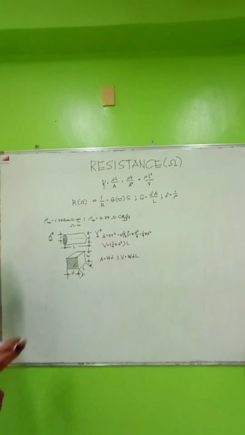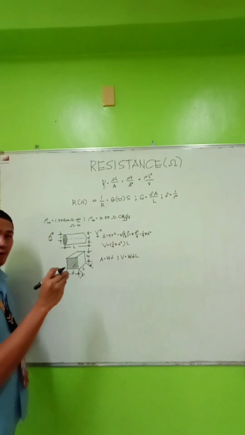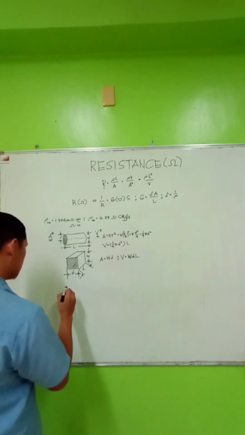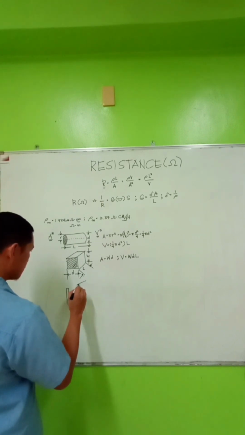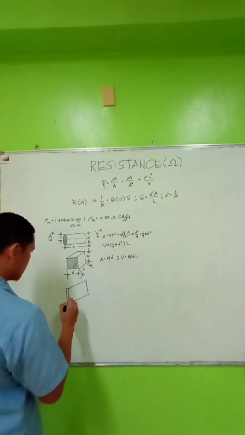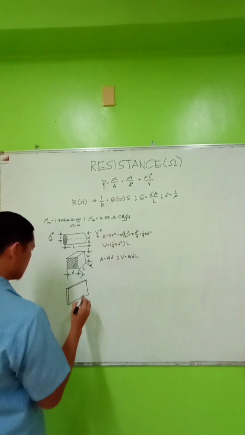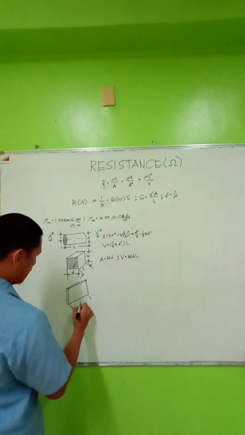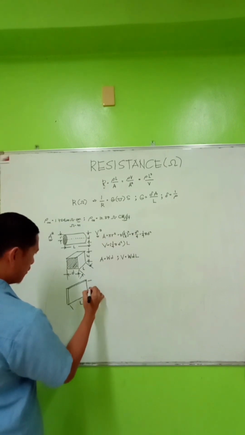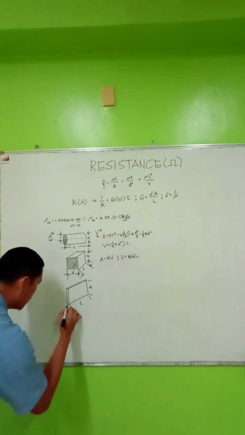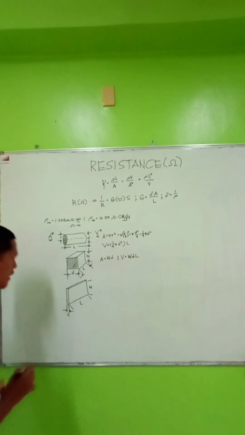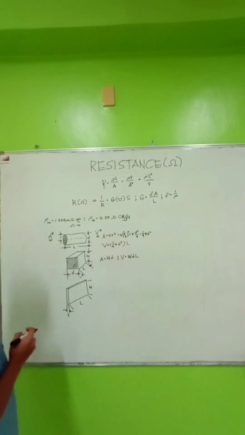How about the common shape, a bus bar? Okay? So if we have a bus bar, we have our length, we have our width, and we have the thickness of your bus bar.